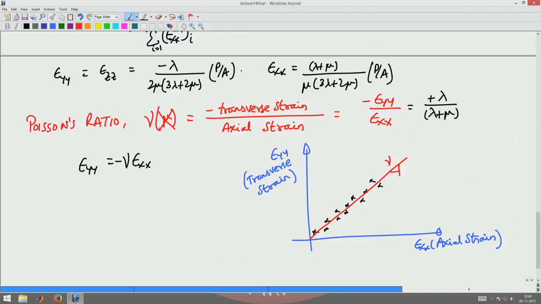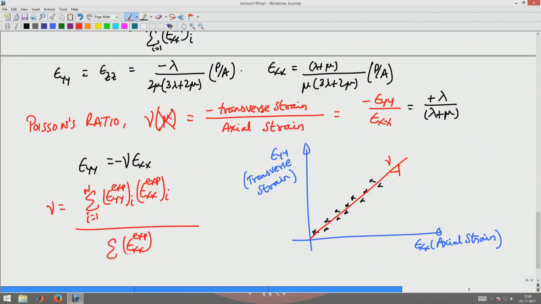Okay. So, similar to the expression that we got for the Young's modulus, you will find that Poisson's ratio is given by summation epsilon yy exp i into epsilon xx exp i, i equal to 1 to n, divided by summation epsilon xx exp i squared, i equal to 1 to n. Okay. That will be your expression for the Poisson's ratio.